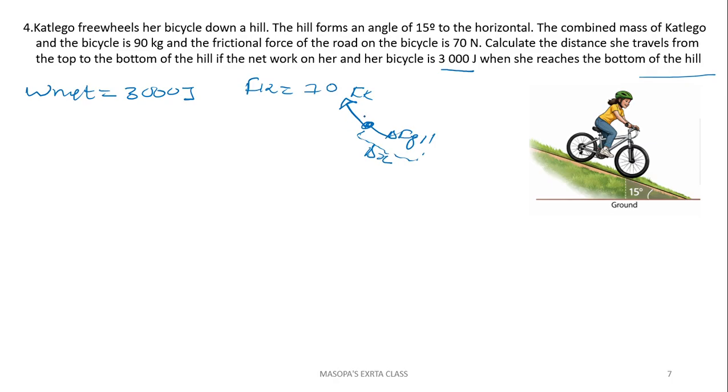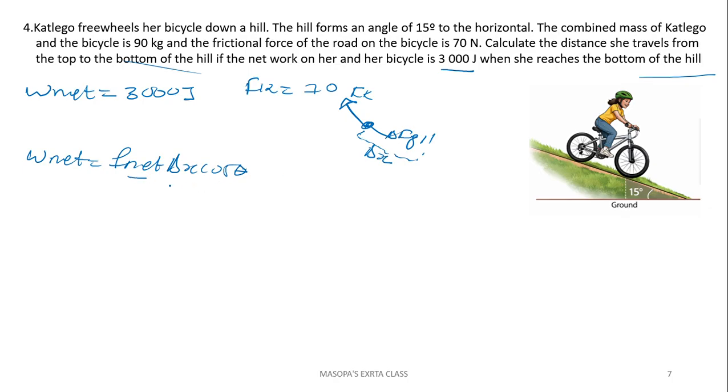That means that Fk is 180, then Fg parallel is 0. So basically here we can go from using constant velocity 1, remember, whereby we can say work net is equal to F net delta x cos of theta. Remember?